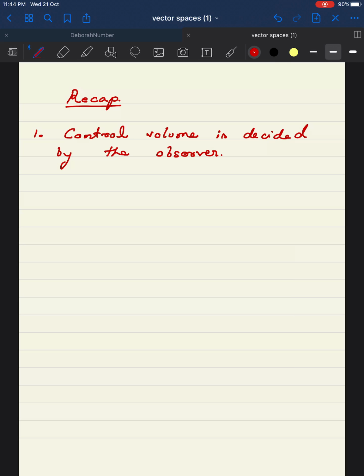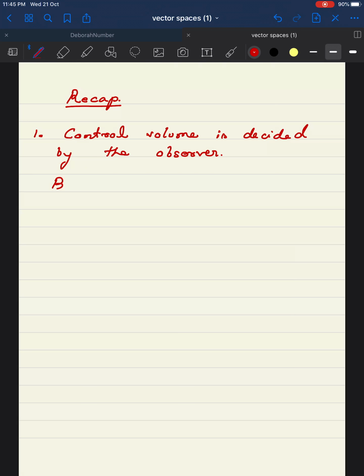A lot of times in fluid mechanical problems, choosing the right control volume is the key to solving the problem. It's almost like in solving ODEs, where guessing a good solution is the key to solving the equation itself. The control volume is up to the observer, but once you decide the proper one, it might be the key to solving the problem.